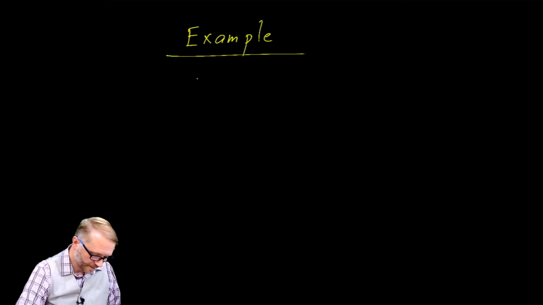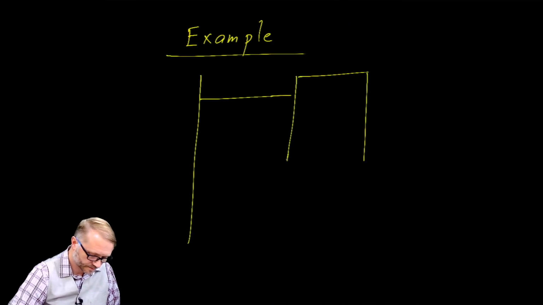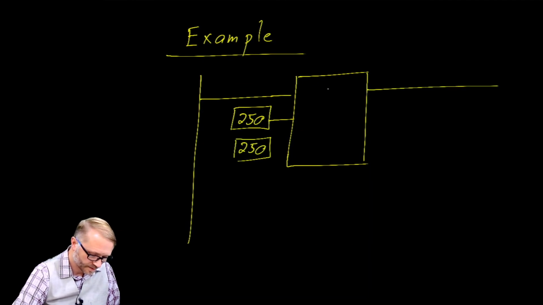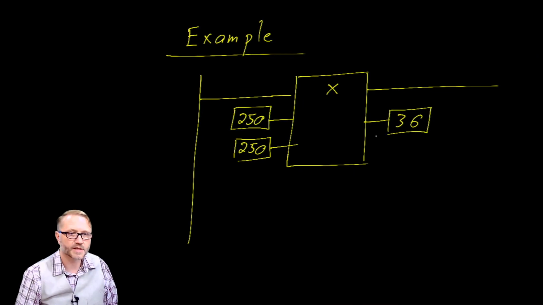Here's an example. Suppose we have a multiplier, and we feed this multiplier the number 250 and 250. And our output is 36, because 250 times 250 is obviously 36.